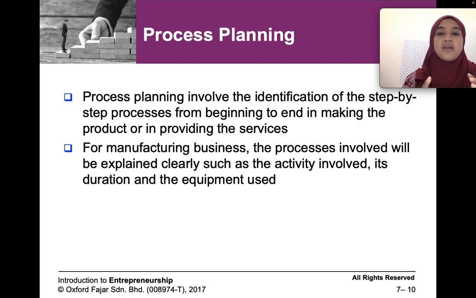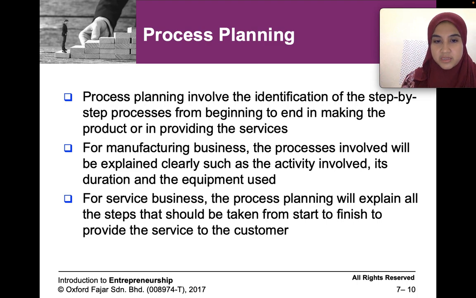We can see the activity involved in order to produce that product, for example, how long it takes to produce the product and what equipment is required in order to transform the raw material into the output that we want to sell in the market.